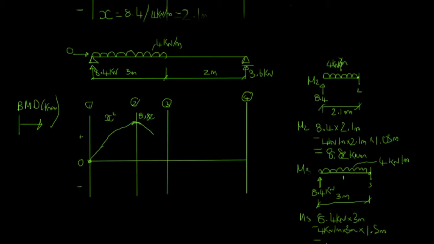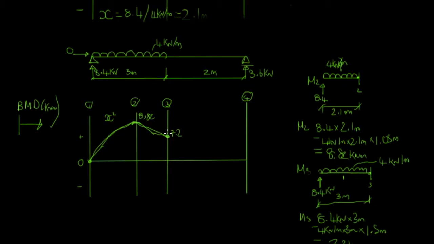If we punch all that into our calculator, times 3, take away 4 times 3 times 1.5, the moment at point 3 is 7.2 kilonewton meters. So it's going to go down to that point. That is a very poorly drawn line. It would be a lot smoother if it was computer generated.